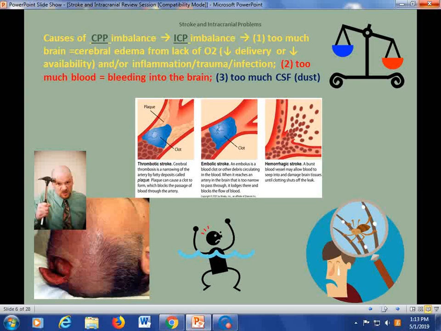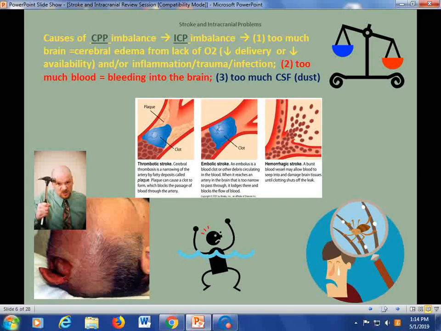Then again, too much blood, and this could be bleeding into the brain. So your subarachnoid hemorrhage can cause 2 instances where the intracranial pressure can elevate: from edema and irritation, from the blood sitting on the brain cells, and also because there's too much blood inside the skull, taking up too much space.